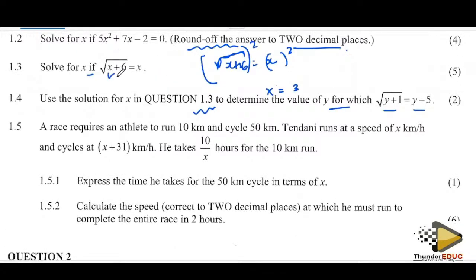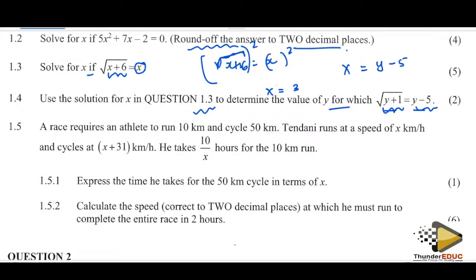So which means x plus 6 is the same as y plus 1. And then x alone is the same as y minus 5. So I'm just going to replace x with y minus 5.